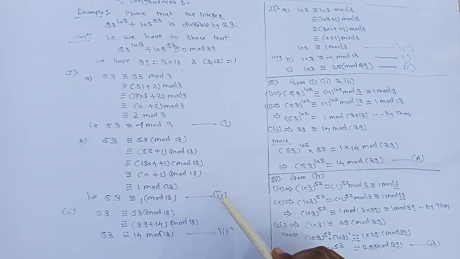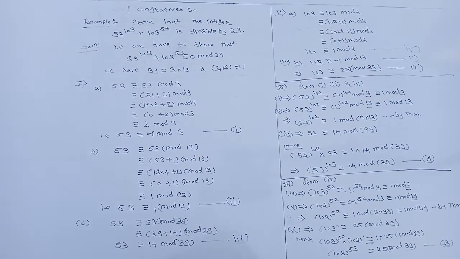This is equation number second. Similarly, third, 53 congruent to 53 under modulo 39. So 53 is written as 39 plus 14 mod 39. Under modulo 39, this 39 is 0, so you can write 53 congruent to 14 mod 39. This is equation number third.